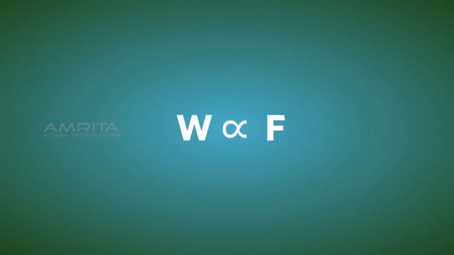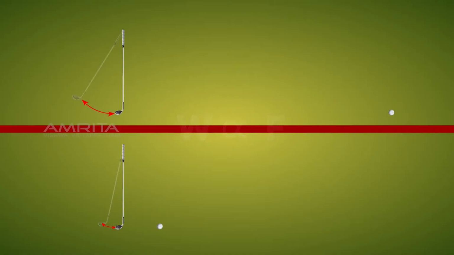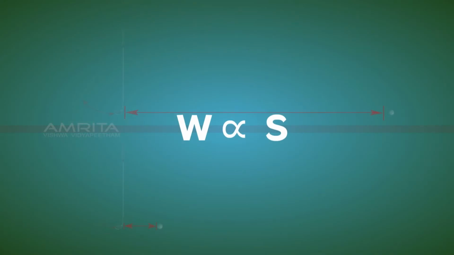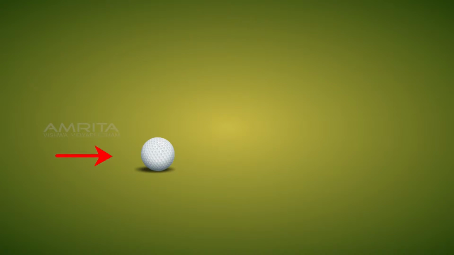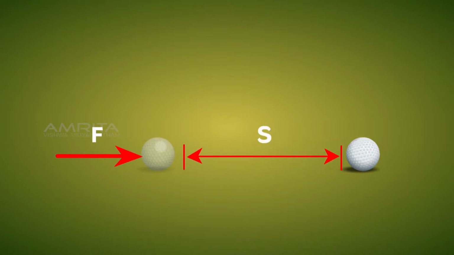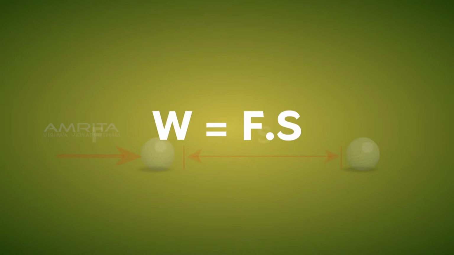That is, W is proportional to F. And the distance travelled by the body in the direction of the applied force, that is, W is proportional to S. In its simple form, if a constant force F displaces a body at a distance S in the direction of the force, then work done by the force is the product of force and displacement.